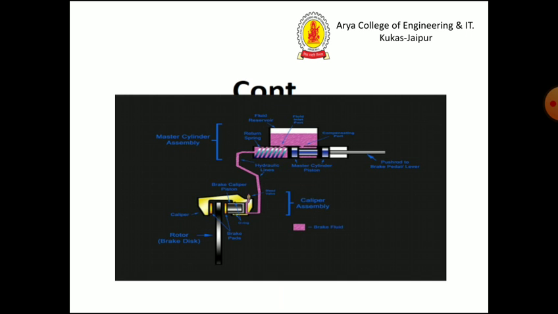and there is a brake caliper piston linked with the fluid supply, and when the brake pedal is applied, the piston from the master cylinder pushes the brake fluid into the brake line and passes on to the caliper pistons, which press against the rotor disc and apply friction force to stop the vehicle.